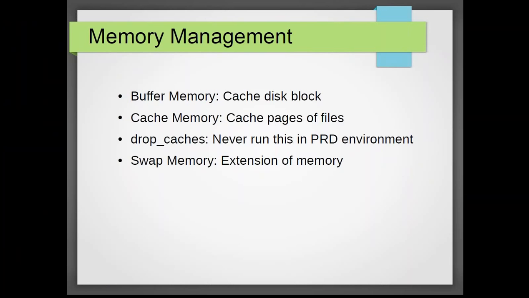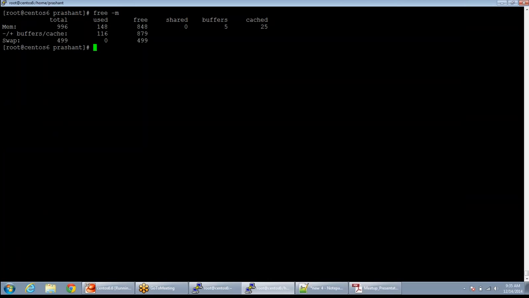So far we have covered buffer, cache, drop cache, and the last part left is swap memory. I started my Red Hat or Linux journey almost 10 years back, when we didn't have an abundance of memory, for example GBs or terabytes of memory as is present nowadays.